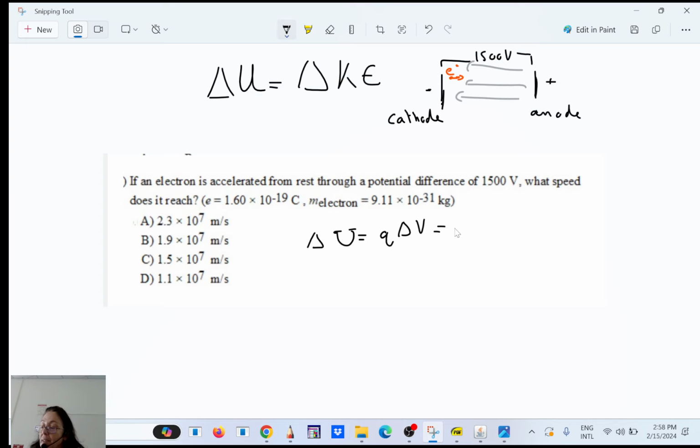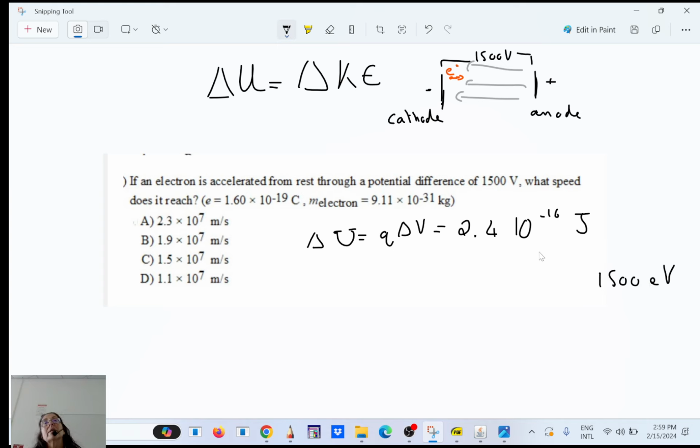So what do you get? 2.4 times 10 to the negative 16 what? Joules. Okay? Or another way to write it is 1500 eV. e because it's the charge that I'm not replacing by 1.6, okay?